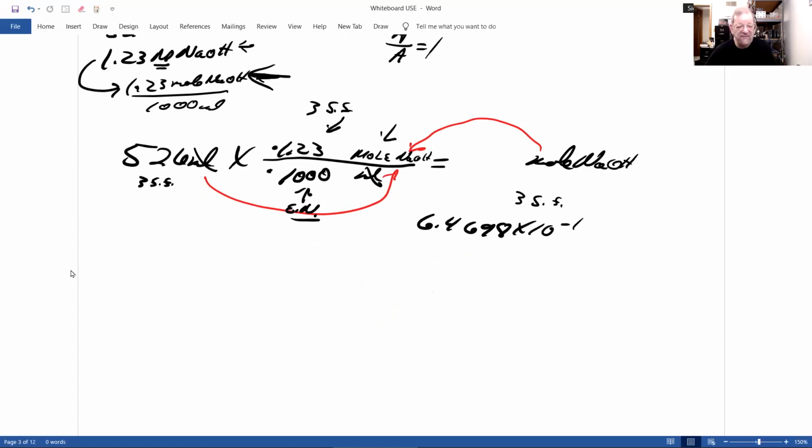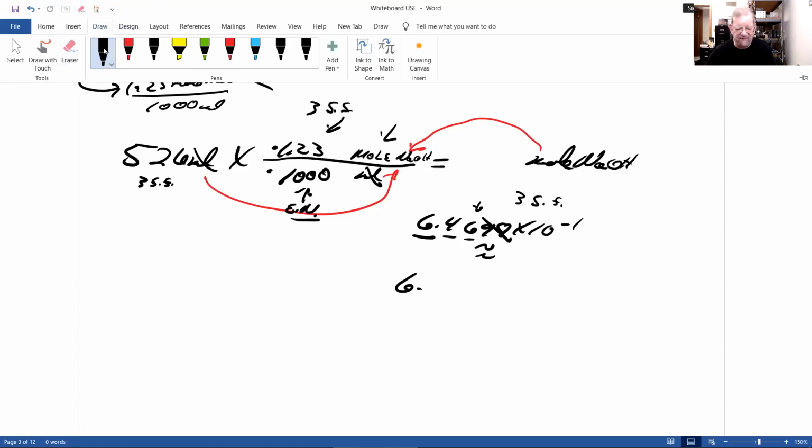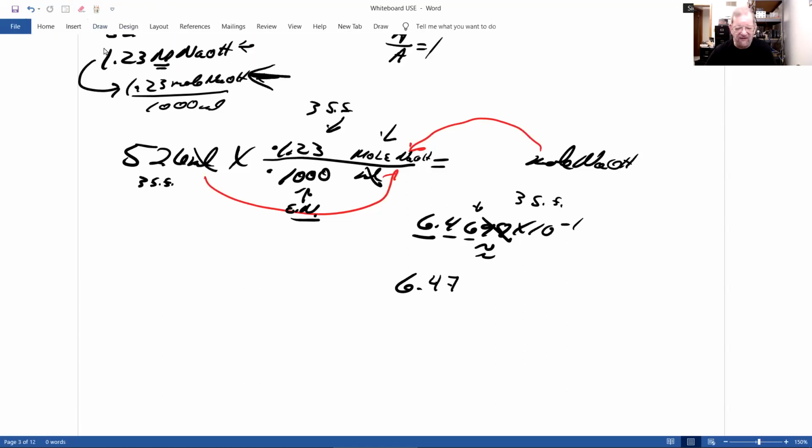Time's up. Keep the 6, keep the 4, keep the 6. That's my 3. Use the 9 to round off. That's 5 or higher. Drop that, that increases. So the correct answer would be, hold on a second. I don't like the way that 4 looked. 4.7 times 10 to the minus 1 moles of NaOH.